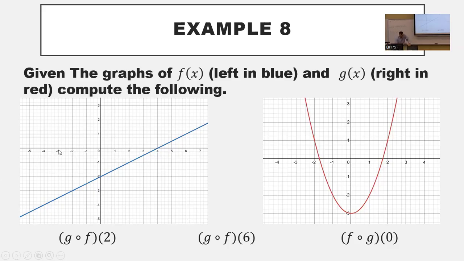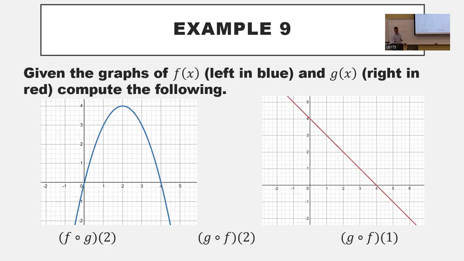So plug in a negative 3, go down, you get about a negative 3.5 right there. So that last problem gives me a negative 3.5 as the output. So I got negative 2, then another negative 2, and then a negative 3.5. I probably should have kept the same colors, but I didn't.